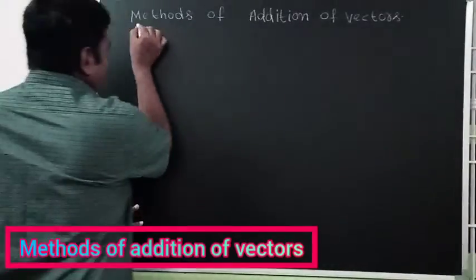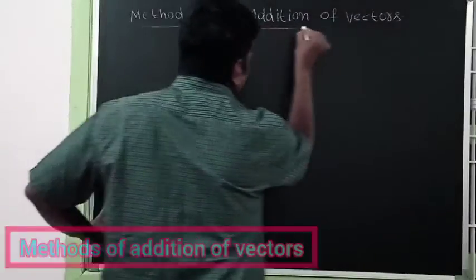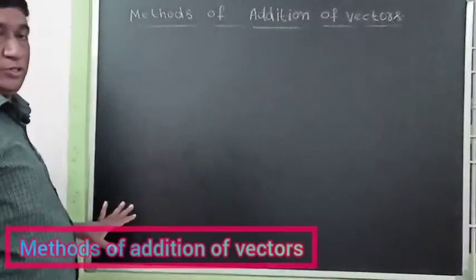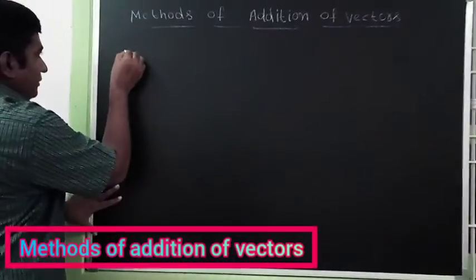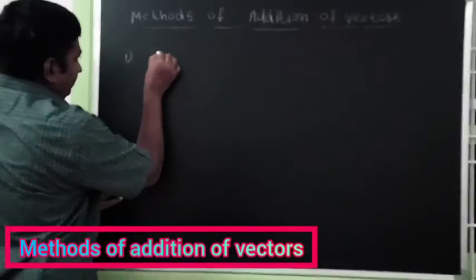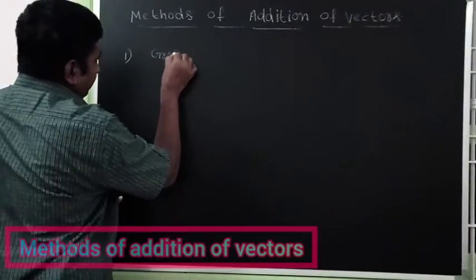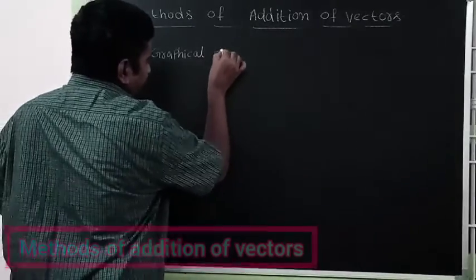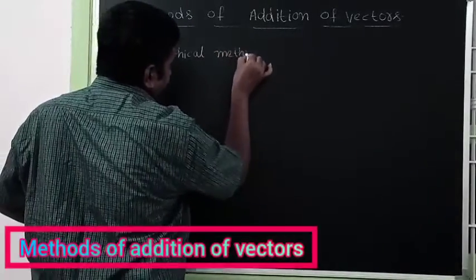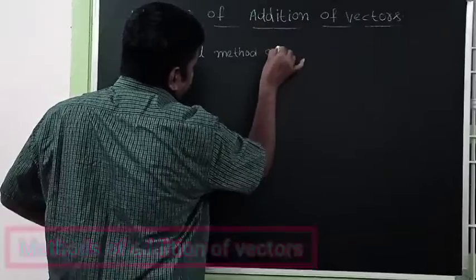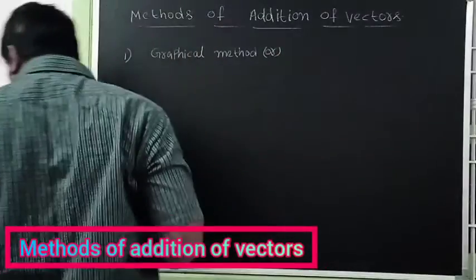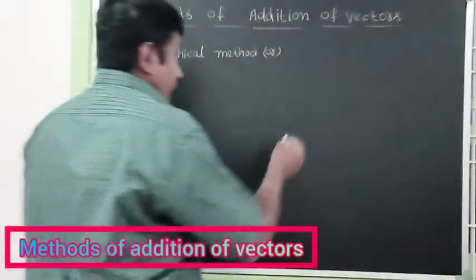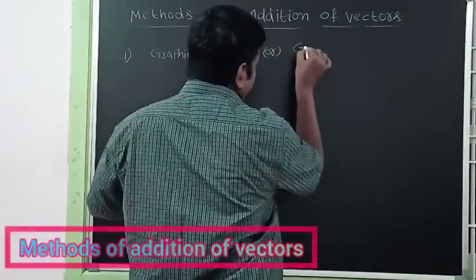In these methods of addition of vectors, we are going to use two methods. One is the graphical method, or geometrical method.